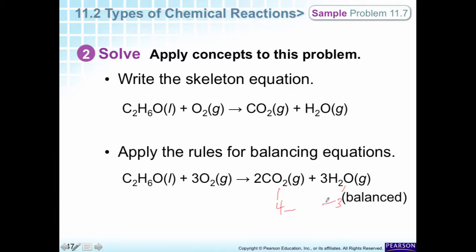That's 7. Now, in this case, since we've got oxygen in 2 places, all right, we don't want to change this one. So we've got 1 there. So we only have to have 6. So if we put a 3 there. So if you have oxygen in 2 different places, you don't have to double it right away. Okay? You have to see how you can make it work for you.